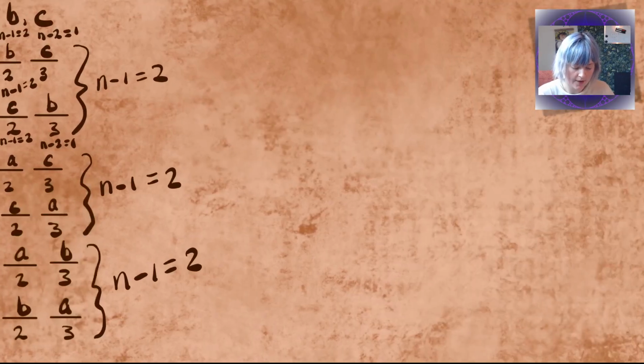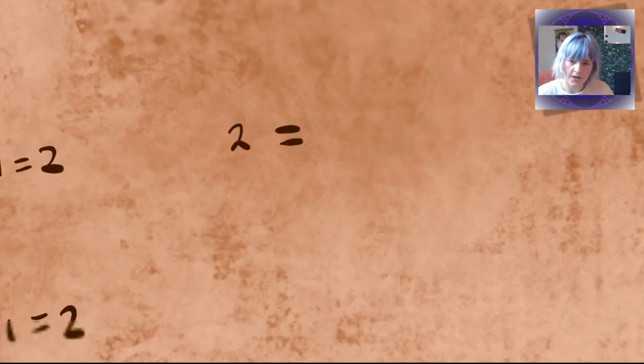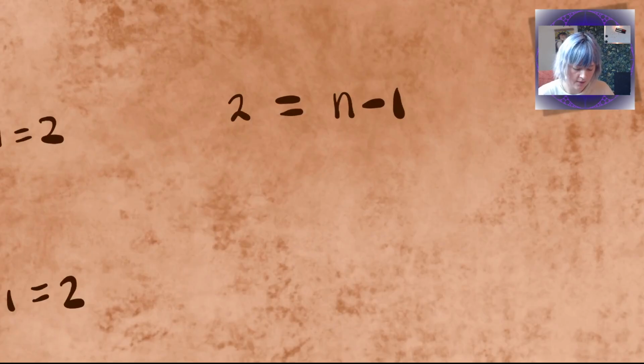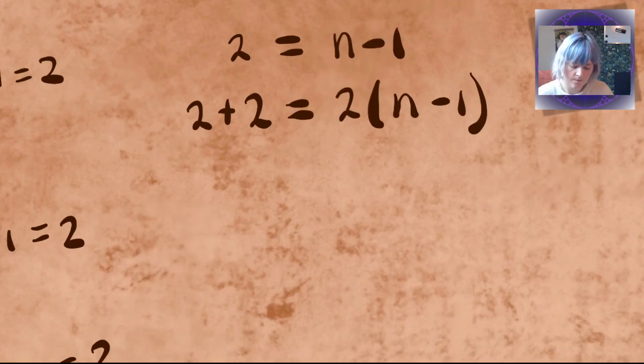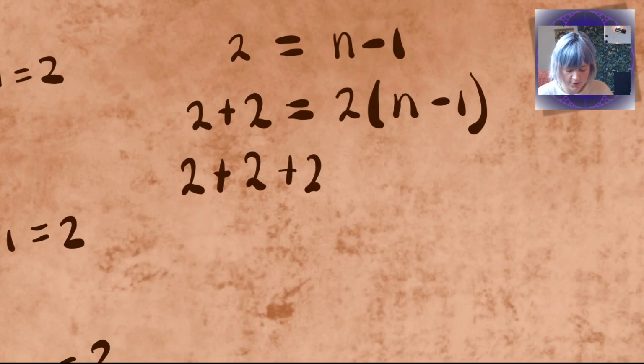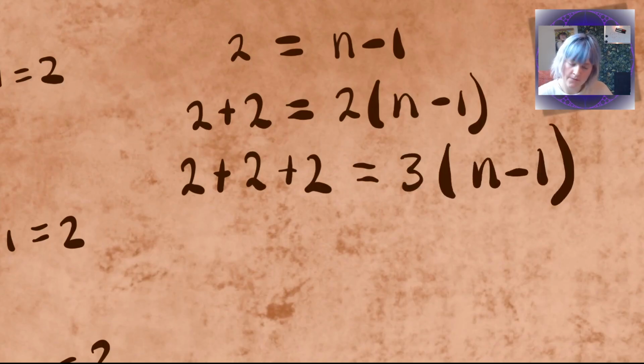So we know that in the first case, we got 2, which is n minus 1. And then in the second round of that logic that we applied, we got 2 plus 2, which is then 2 times n minus 1. And then the third round, we got 2 plus 2 plus 2, which is equal to 3 times n minus 1.